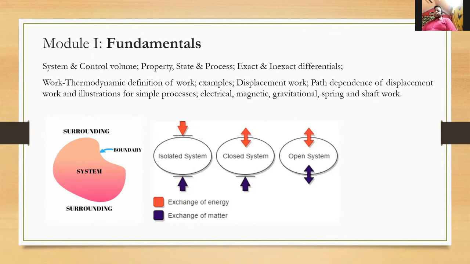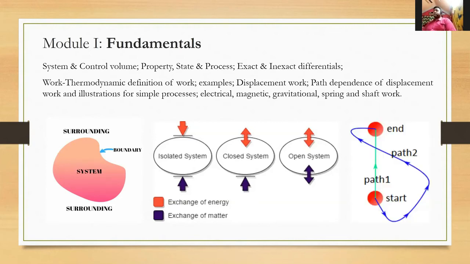In this place, a few very important things will be coming up, like paths, processes, and exact and inexact differentials. How would you differentiate a path and a process? That will come up. Like, any job that is given to you might need some kind of path to do.